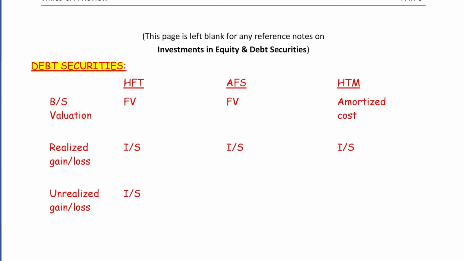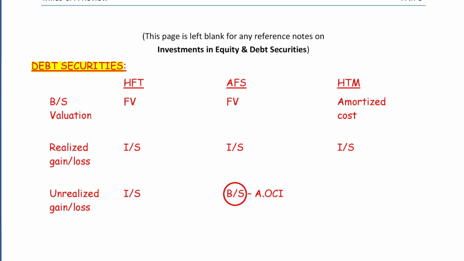But for available for sale securities, we know that unrealized gains or losses are the O of PACE, which go into the balance sheet. Circle that, and write accumulated OCI. So the unrealized gains and losses from available for sale debt securities are parked as accumulated OCI on the balance sheet until those gains or losses are realized.